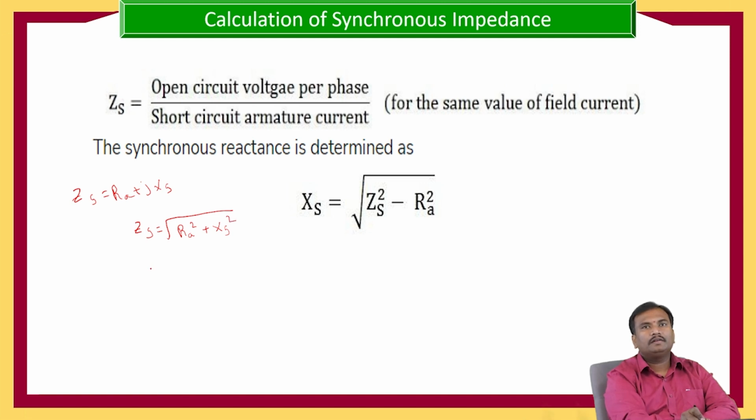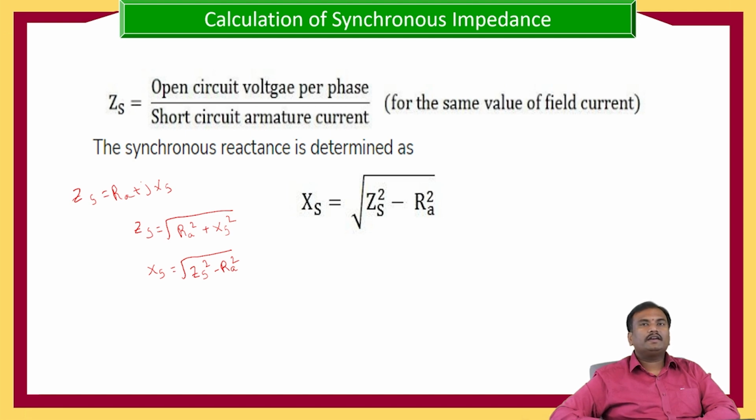So, from this equation, we get Xs equals the square root of Zs squared minus Ra squared. This is the synchronous reactance equation.